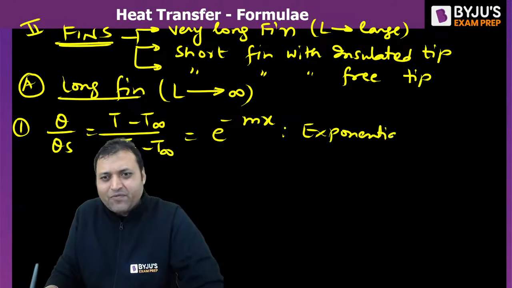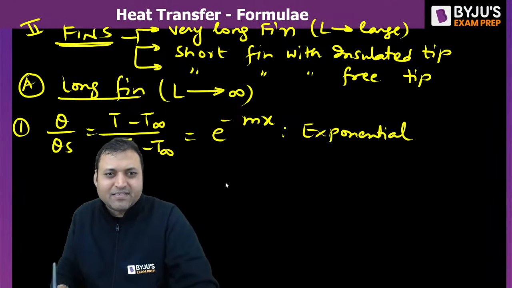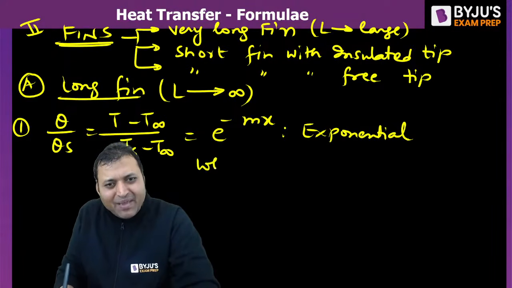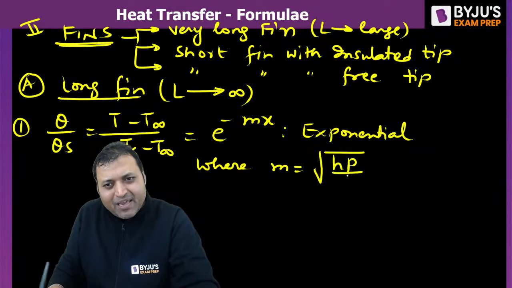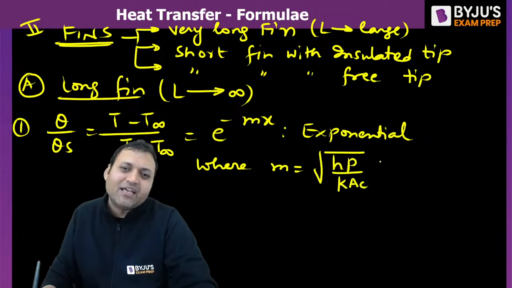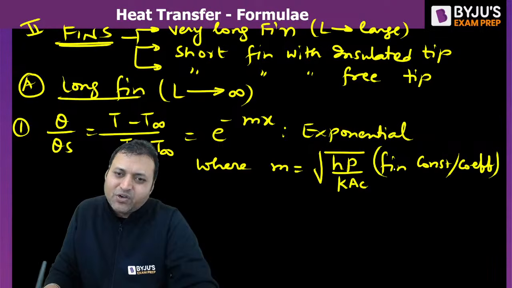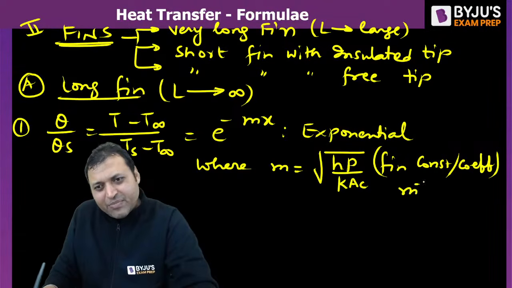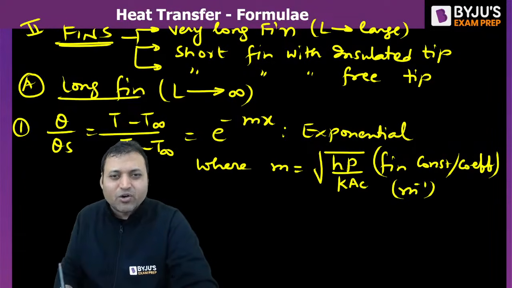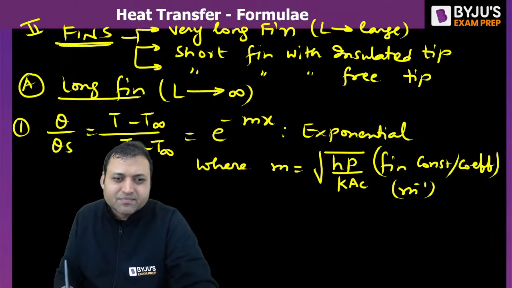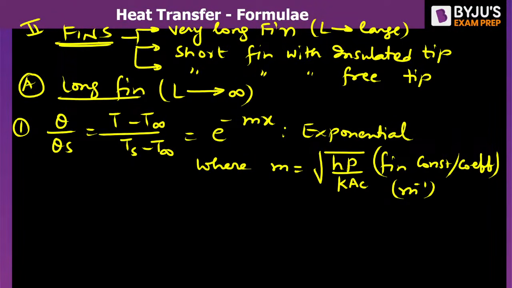The temperature profile will be exponential, where m is equal to under root of hP by k times cross-sectional area. This is called fin constant or fin coefficient. The unit is meter inverse.